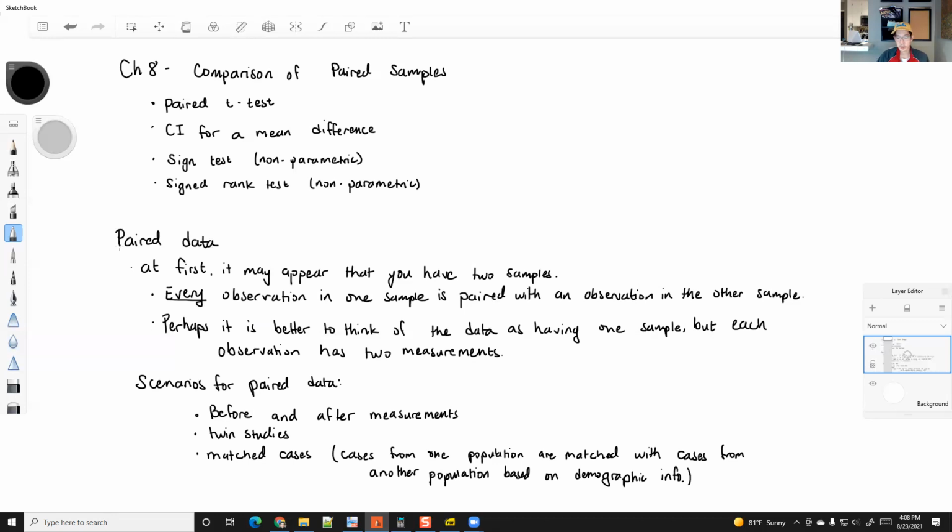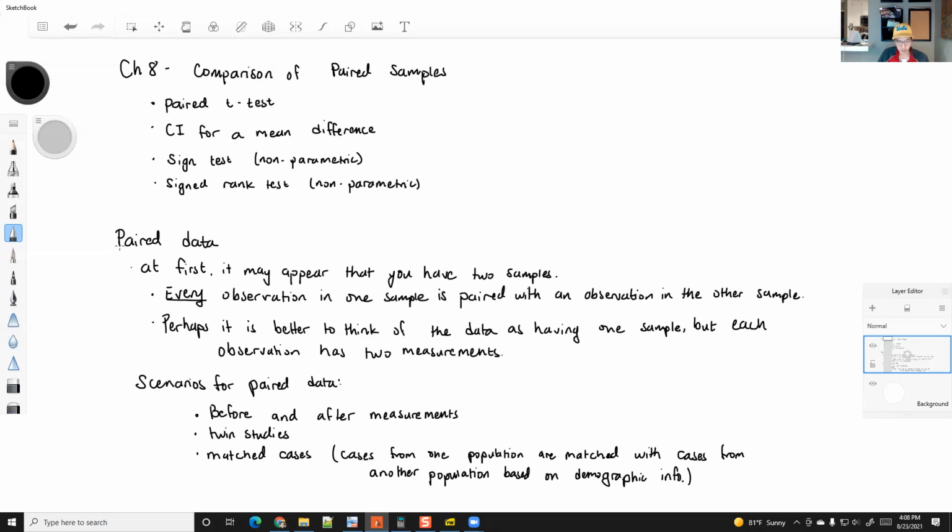Okay. So in a matched cases study, it might not be one observation getting two measurements like a before and after situation, but you might have cases from one population that get matched with cases from another population based on demographic information. So for example, you might want to compare one school district with another school district, but then you match your students based on, say, age and gender and maybe income level.